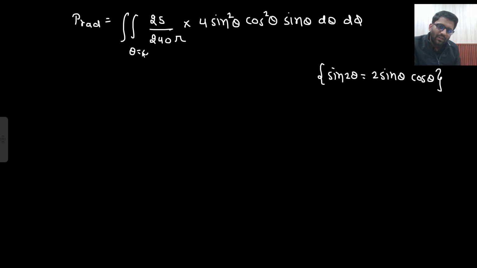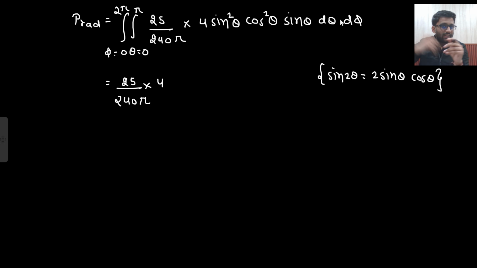So what is the limit of theta? From 0 to pi. And what is the limit of phi? From 0 to 2 pi. So what you are getting here? This is coming outward, and the 4 is also coming outward. Now this integration you need to do. So sine square theta d theta.